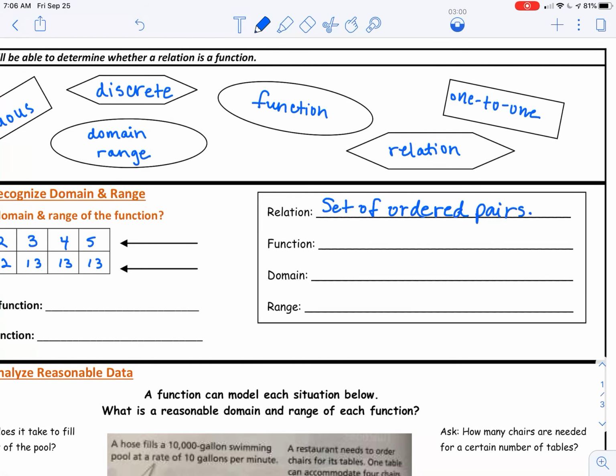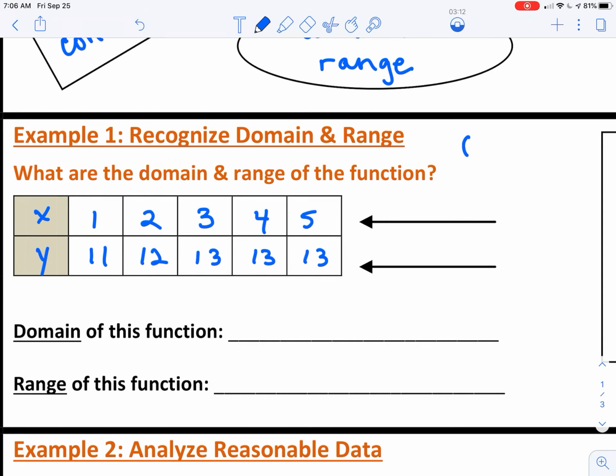Well, I have an X value and I have a Y value. So if I were to write those as an ordered pair, for example, the first one would be 1, 11. Those are simply points that you can plot onto a coordinate plane. The second set of points is 2 and 12. I said that backwards. 2 and 12, where you have an X value and a Y value. So that's all that these are in this chart, they are considered ordered pairs.